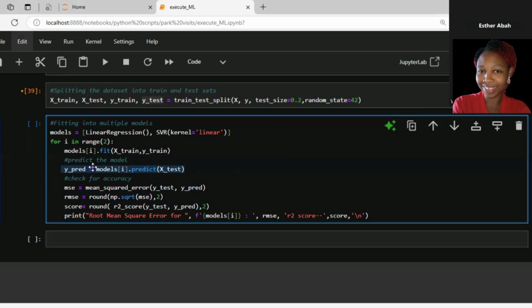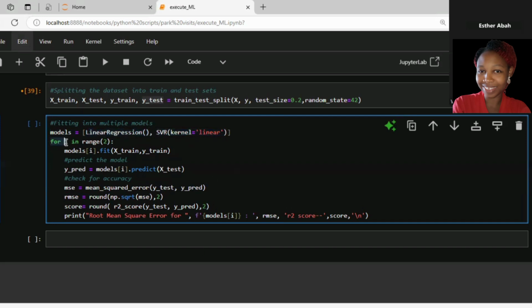Okay. So what is this line of code doing? Models. What are our models? Look at our models here. I told you we're working with two models, linear regression and SVR. So this is the SVR model, and there's a linear regression model.